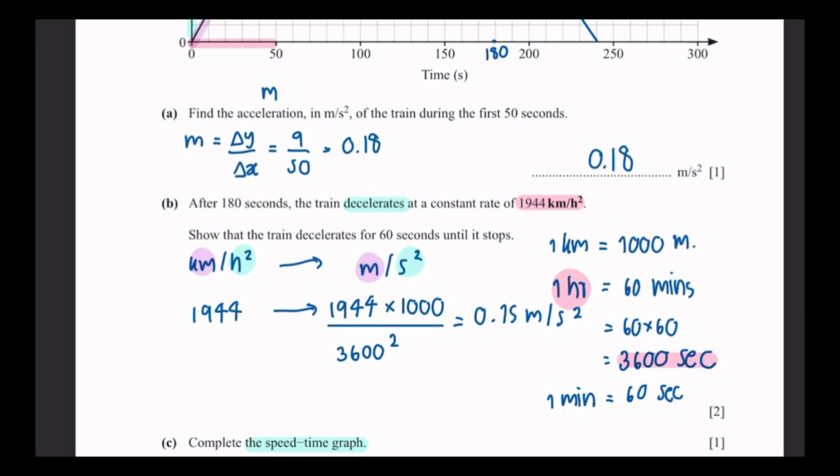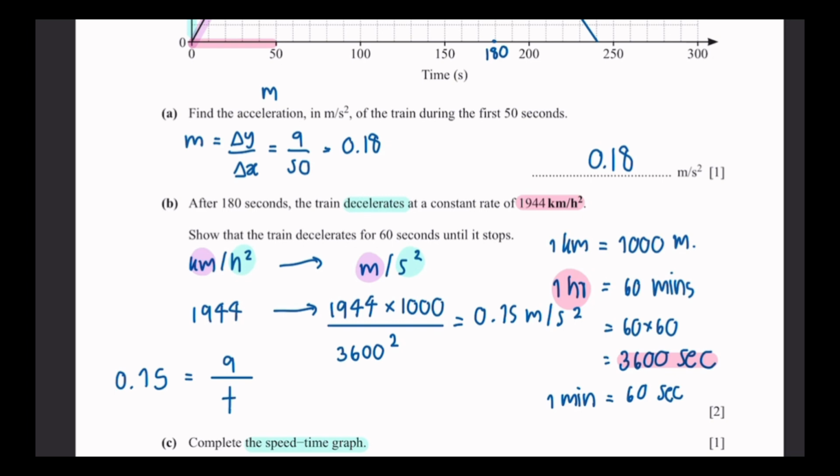Well, the acceleration or deceleration is the change in speed over time. So this one, the deceleration rate is 0.15 equals the change in speed, which is the change from 9 to 0, over the time taken, which I will represent as t.